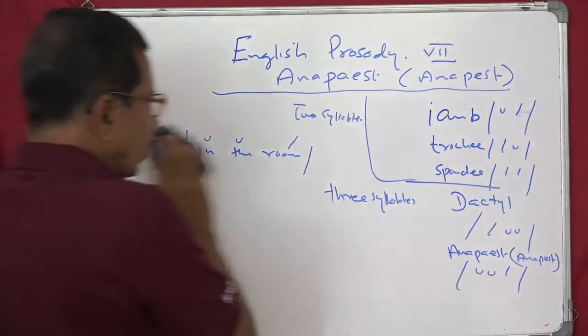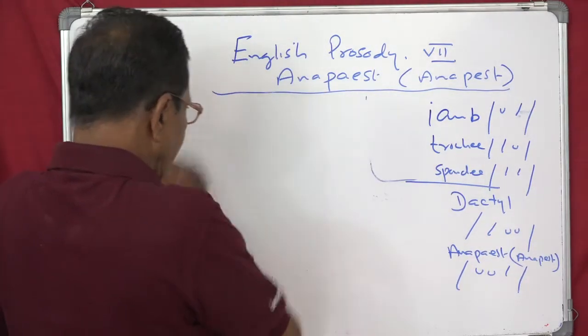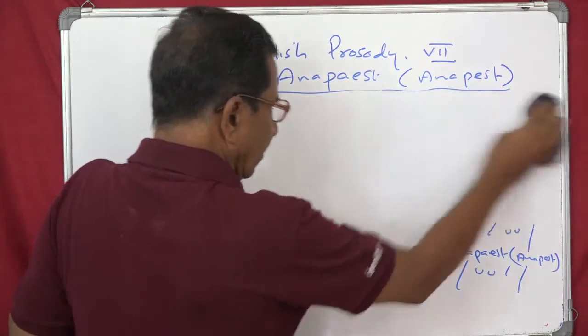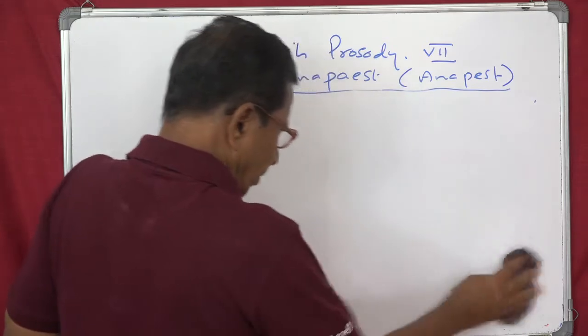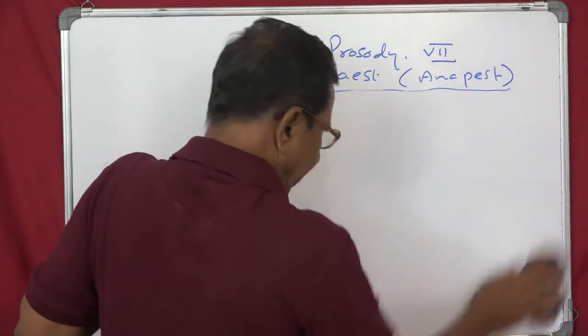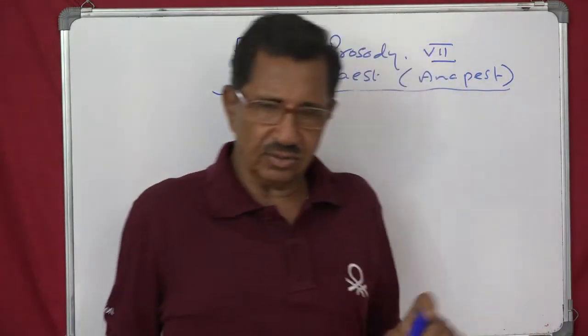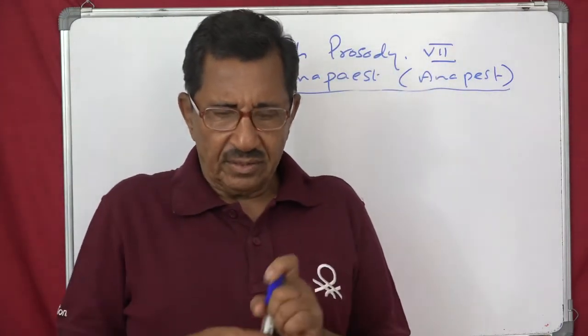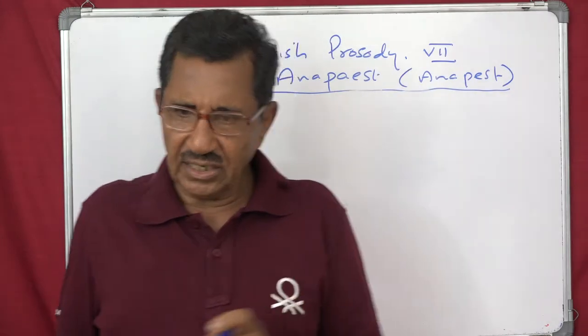Understand? Now let's see how poets have tried to use it. This is also not very common in English, mainly used by Latin and Greek poets, and just like as I told you about dactyl. Understand? So say I must finish my journey alone.